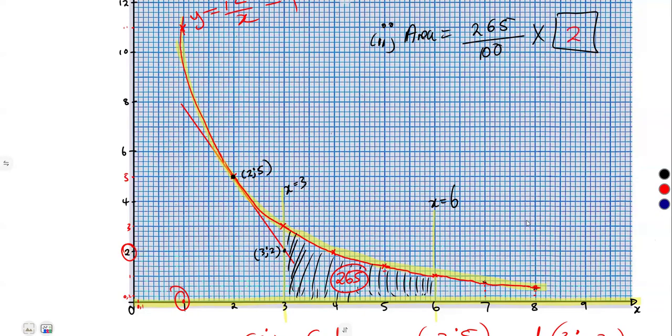That's the area of the unit square. Use your calculator, guys. This is going to be 2,65 times 2, and that gives us 5,3 at the end. So that is 5,3 square units. That is your area.